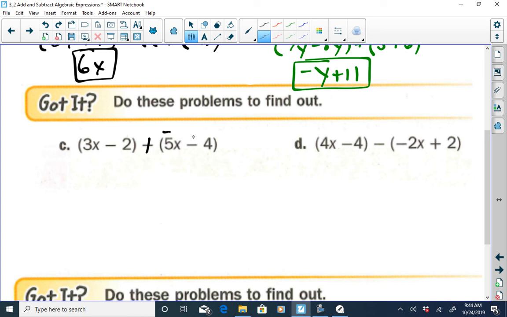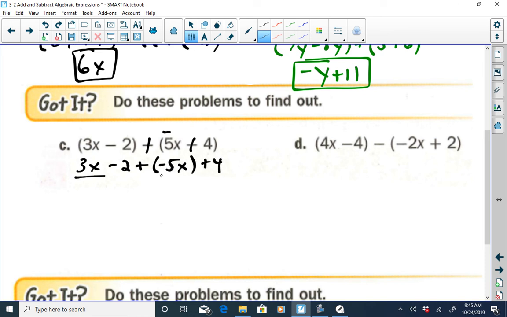5x becomes its opposite, negative 5x. We treat this as if it were a negative 4. We make that positive 4. And now we have a regular addition problem. We remove the parentheses. 3x minus 2 plus, this is going to be negative 5x plus 4.